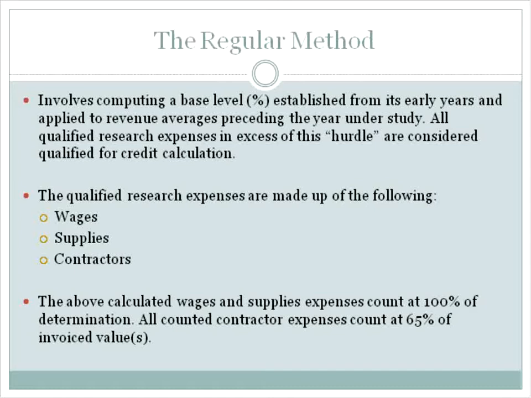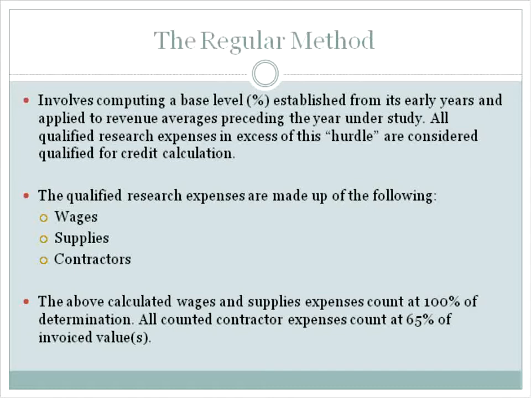exemplary purposes, is first, regardless of which approach you take, the three components that go into the credit are wages, supplies, and contractor expenses. Now, the wages are basically as follows.